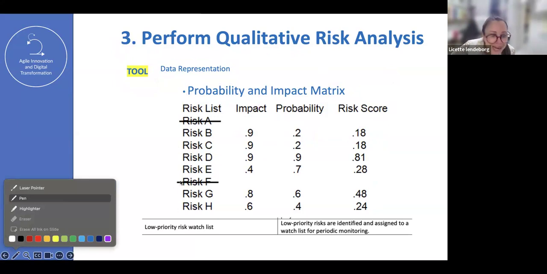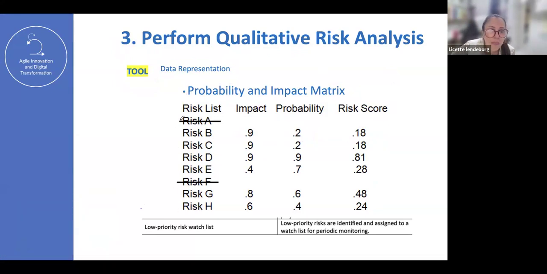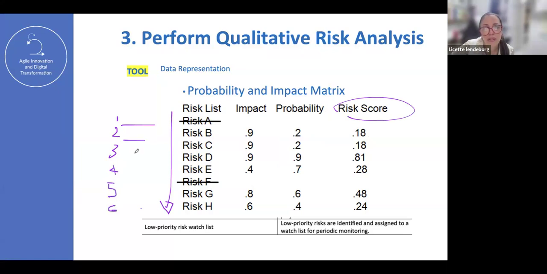If I need to organize or prioritize this list of risks, which one will be the first one? It will be based on the risk score. Take your time and let me know.